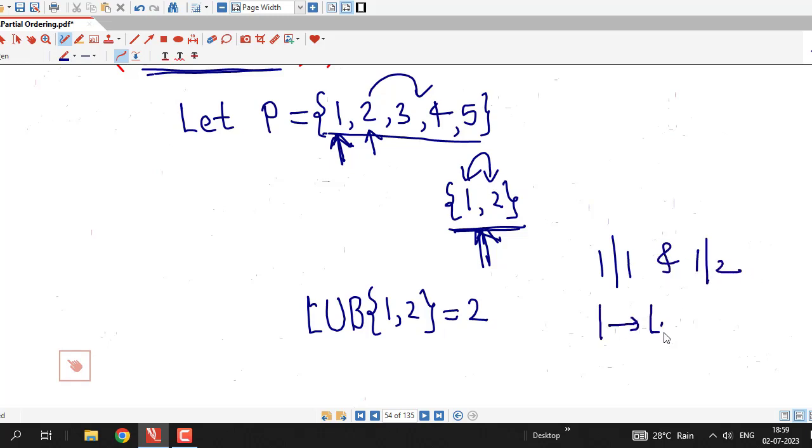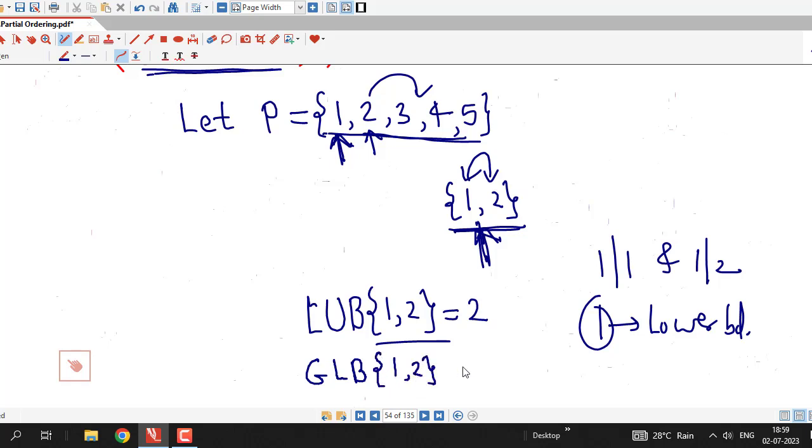This means 1 is a lower bound of this subset having two elements 1 and 2, and there is no other element which is a lower bound of this set. So there is only one lower bound, and therefore it is the greatest lower bound. The greatest lower bound of this set is 1.